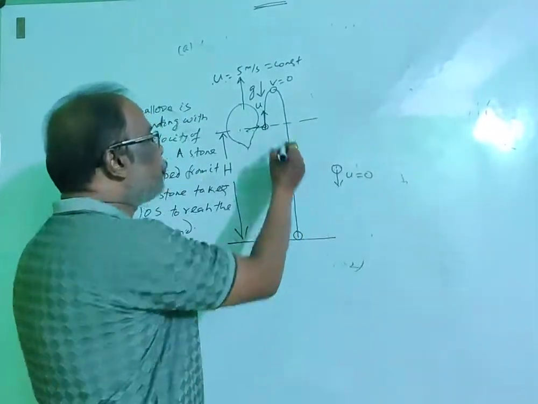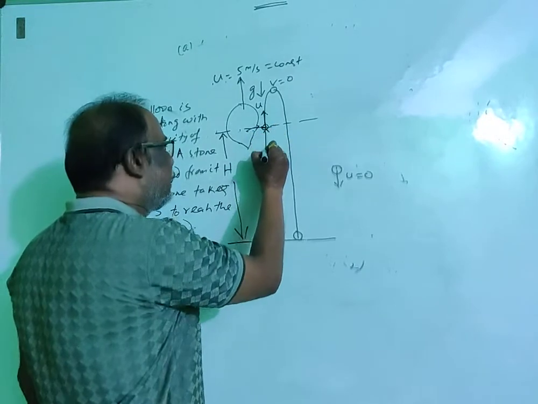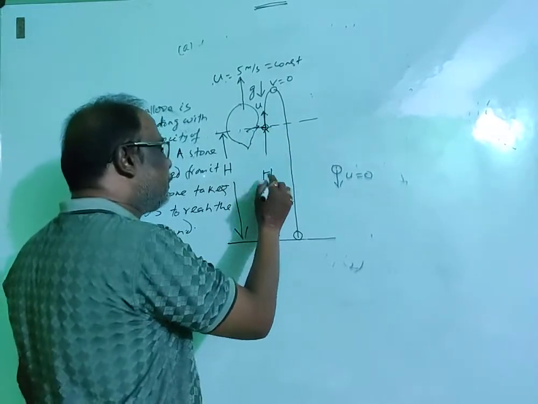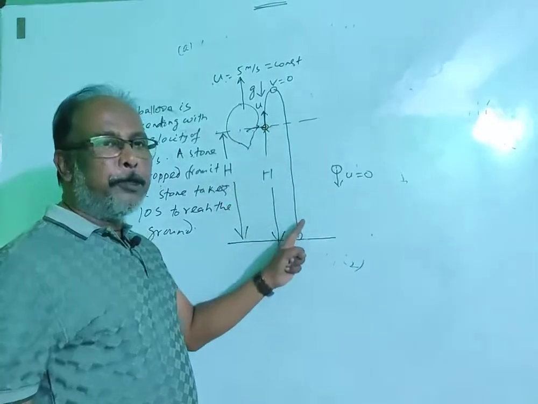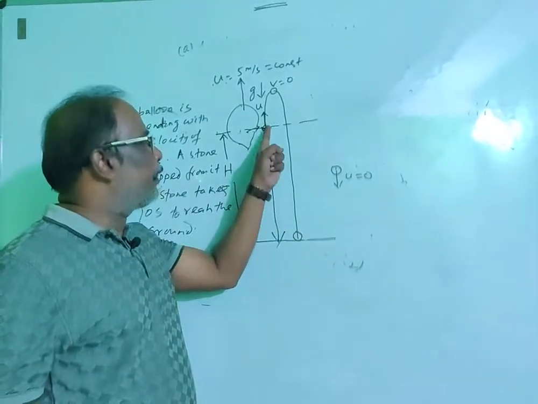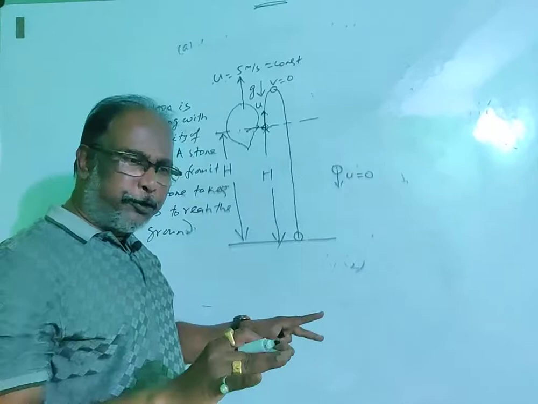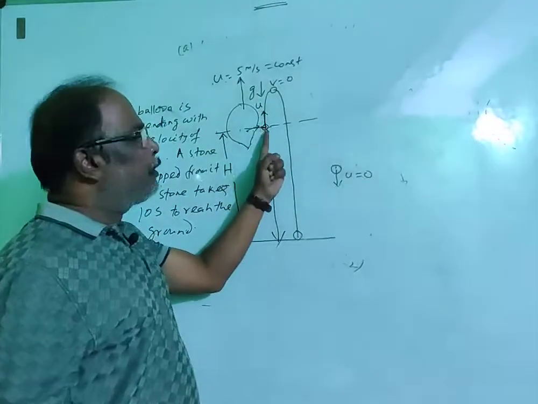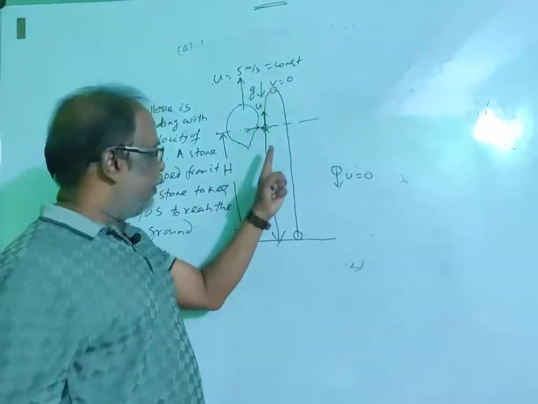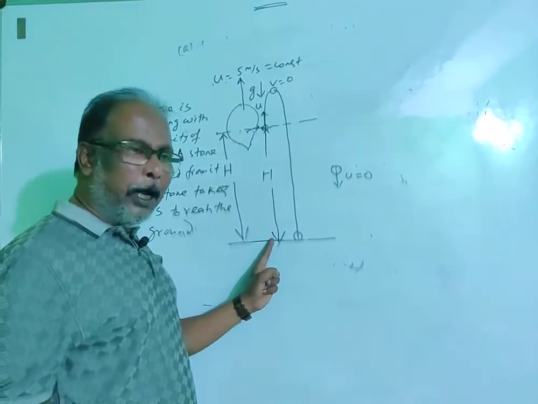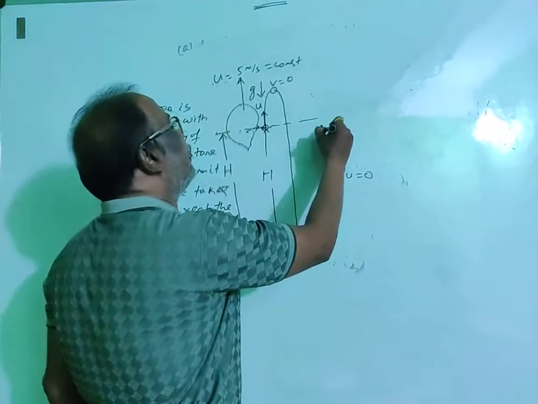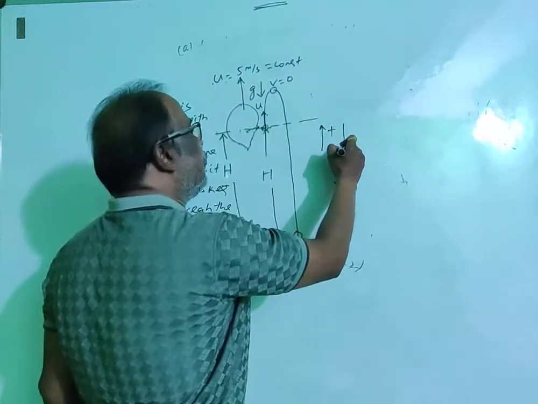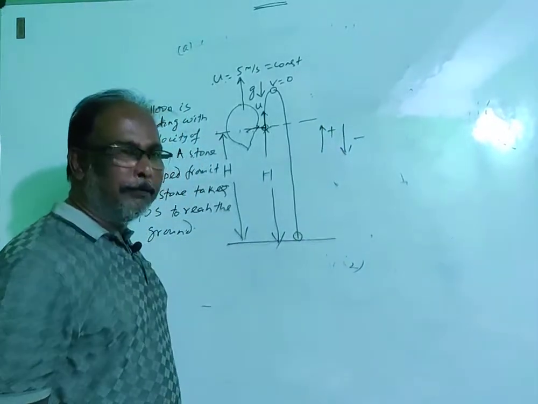So the vertical displacement of the stone is also h. Upward direction is positive, downward direction is negative.